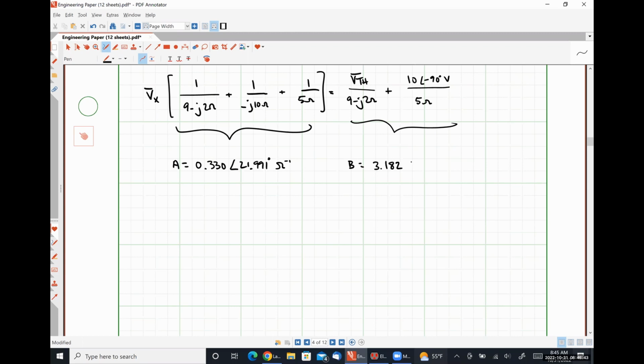0.182 angle negative 51.605 degrees amps. Vx is B over A. Comes out to be 9.647 angle negative 73.596.